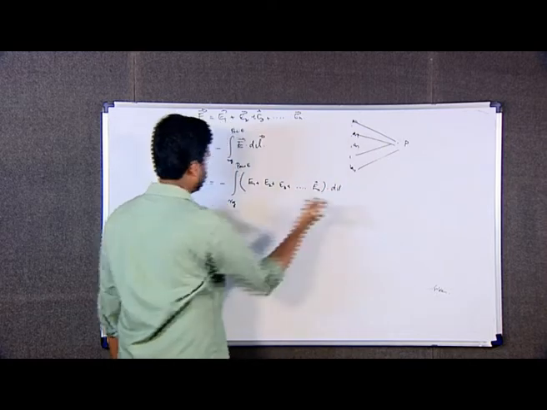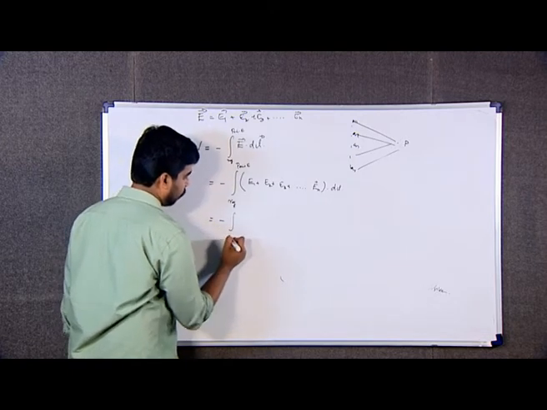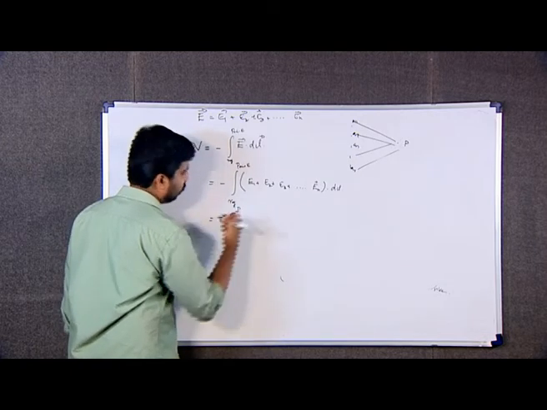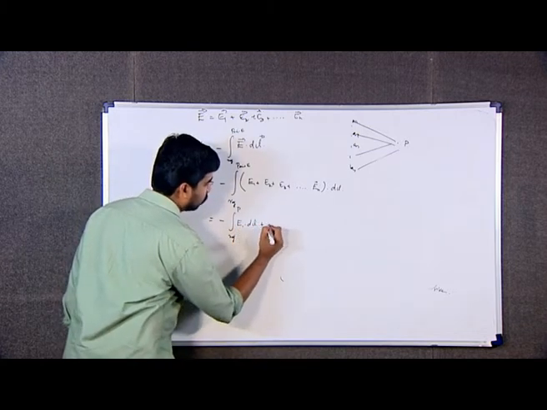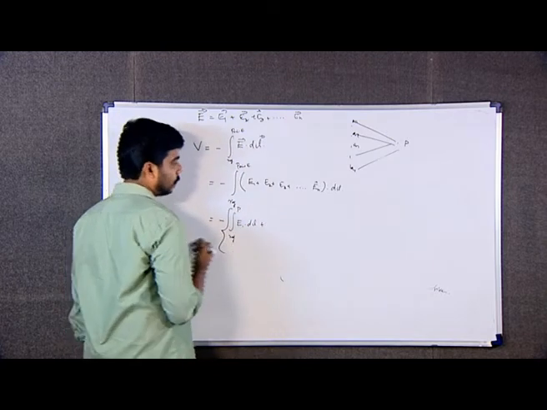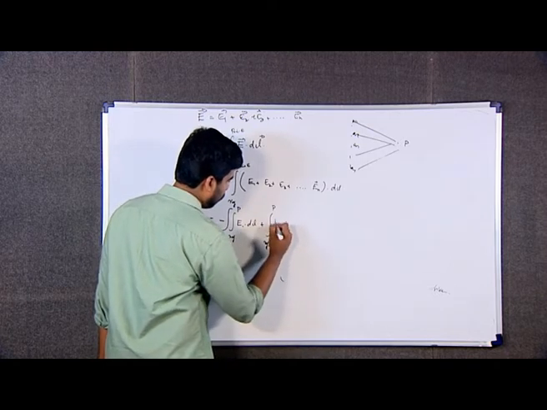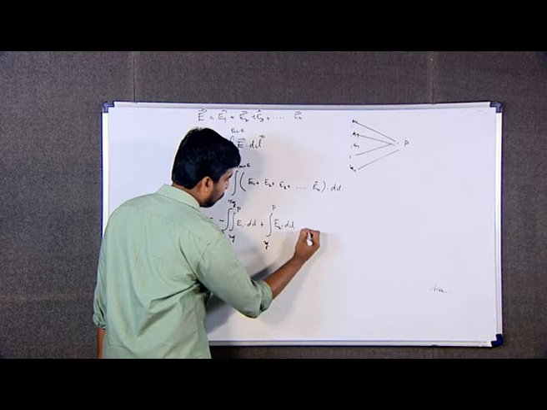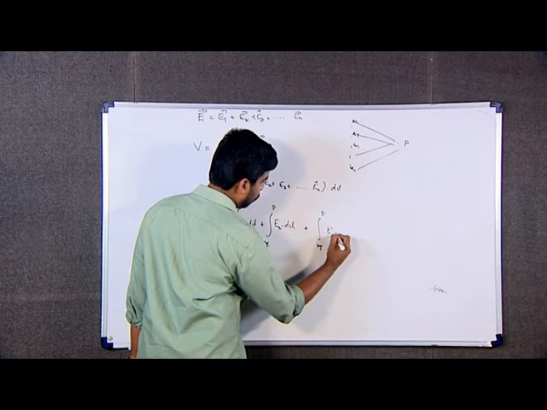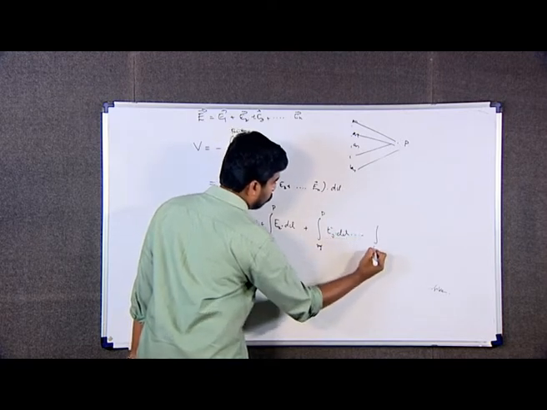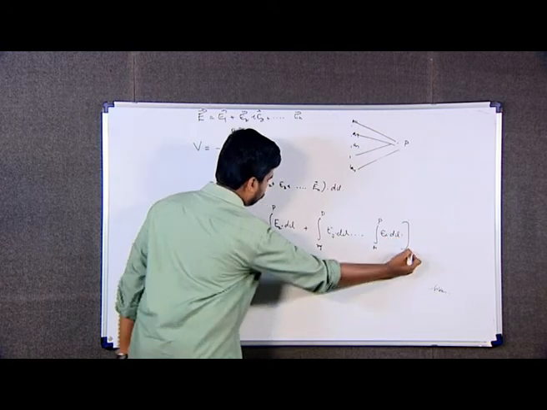Now, I can split these terms, and I will get minus integral from the reference point to the point P of E1 dot dl, plus integral from the reference point to the point P of E2 dot dl, plus integral of E3 dot dl, up to integral of En dot dl. This minus is a common factor, so I can take it outside.